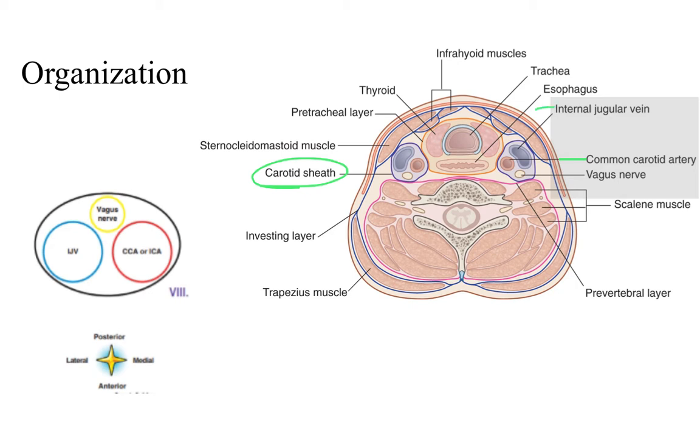The internal jugular vein, and you notice that's more anterior and lateral to the common carotid artery, anterior and lateral. And then the nerve that's in there is going to be the vagus nerve, which is cranial nerve 10, and that's going to be located posterior to both and in between or intermediate of both the carotid artery and the internal jugular vein. All right, and you're going to have one on the left side and one on the right side.